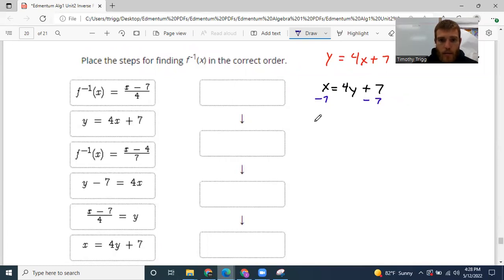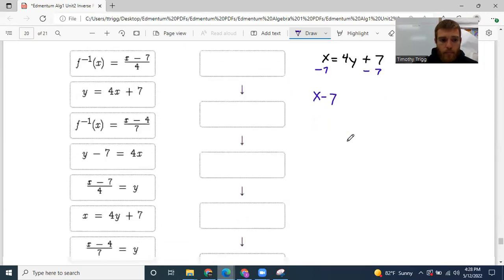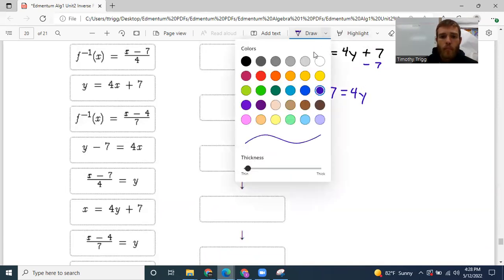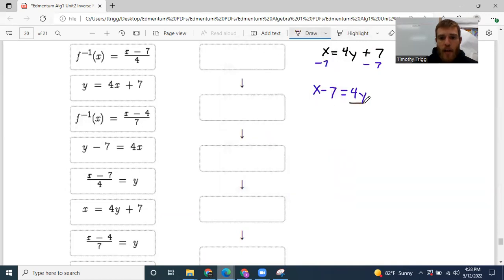Giving us x minus 7 equals 4y. Then we divide both sides by 4.